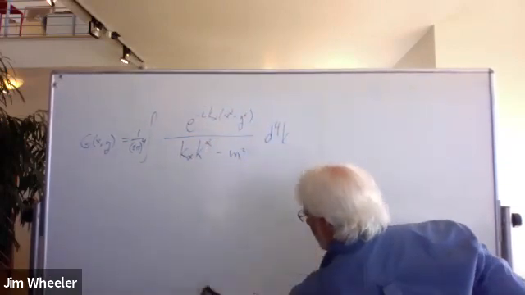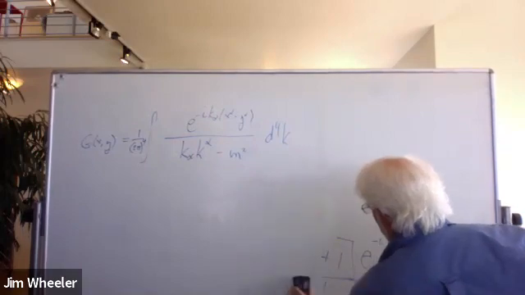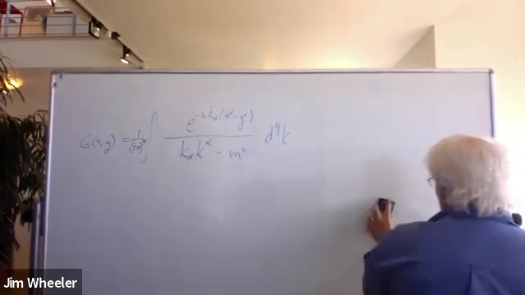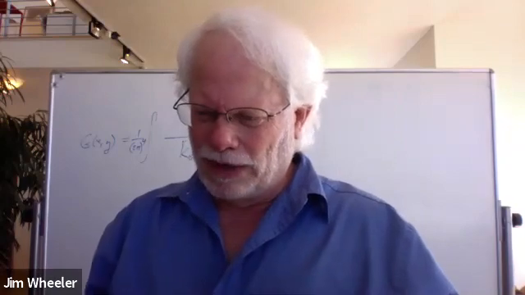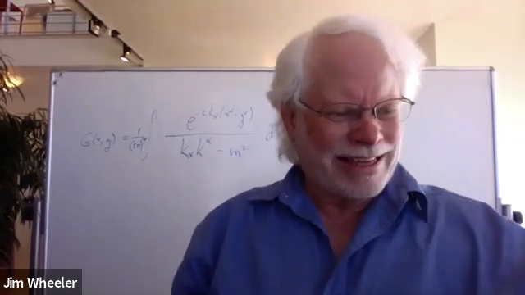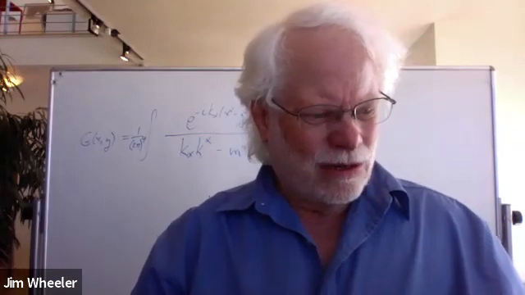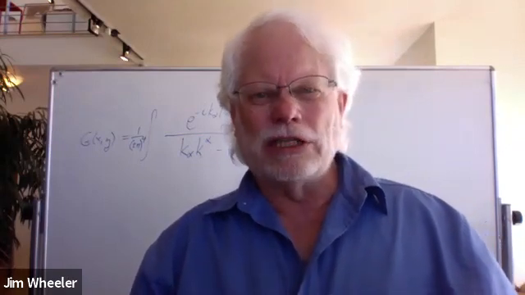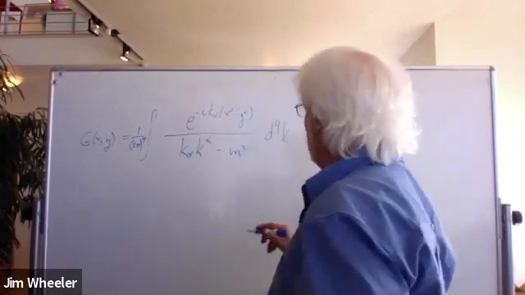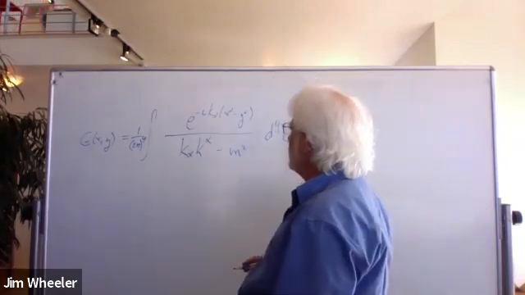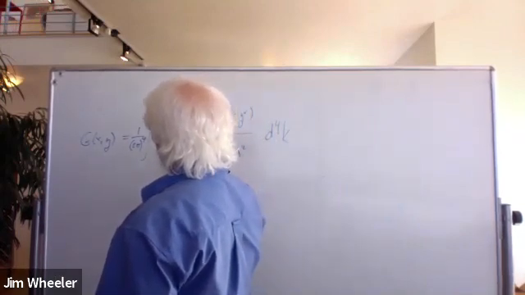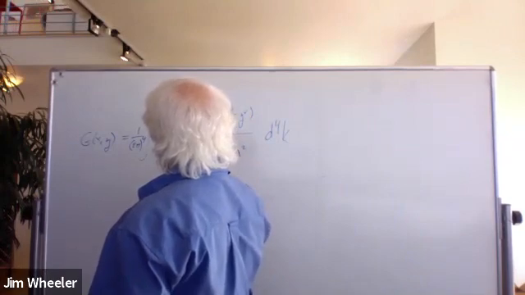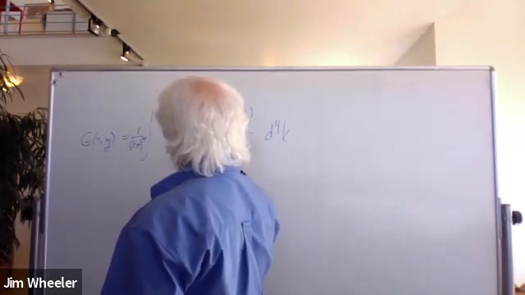How do you do the integral? It's a little tricky because it diverges, but you can make it converge pretty well. What we're interested in is the energy part of this. So I can write this K alpha as K0 squared minus K squared minus M squared.